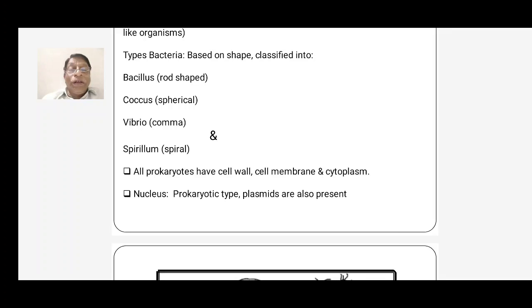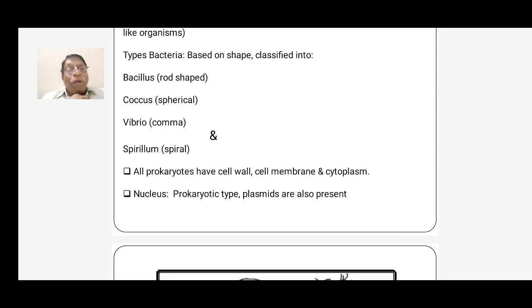These are circular in shape. We call them plasmid. Don't confuse. Prokaryotic nucleus is different, plasmid is different. So prokaryotic nucleus is the bacterial DNA, the plasmid.